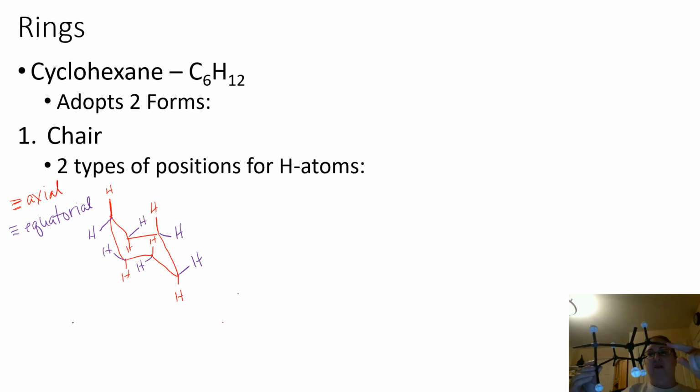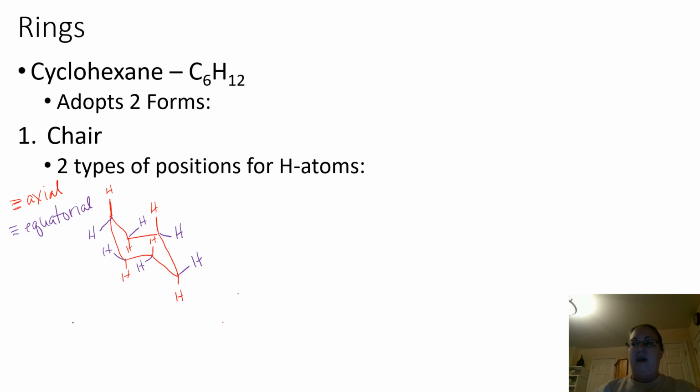The other ones that I don't have the white spheres on are the equatorial positions. They're diagonal, and you'll notice they're in the opposite directionality. Here's my axial straight down, here's my equatorial up, but at a diagonal. Here's my axial straight up, here's my equatorial down, but at an angle. These positions are going to become important as we start talking about the stability of cyclohexane rings and as we start putting substituents on these cyclohexane rings as well.